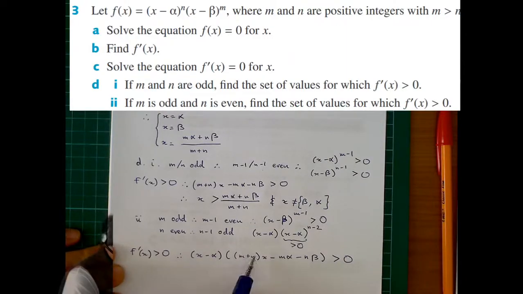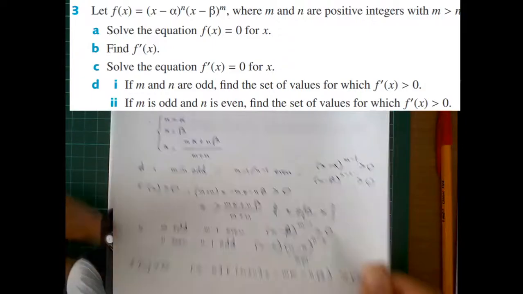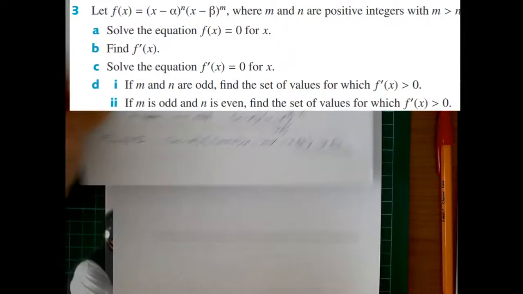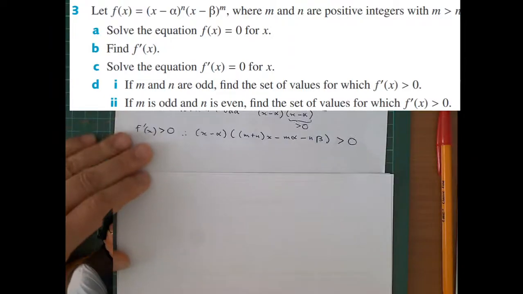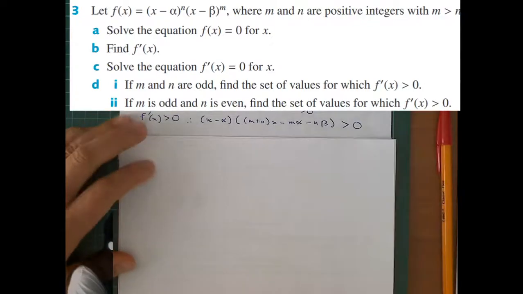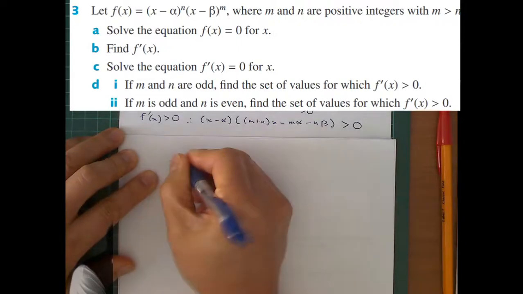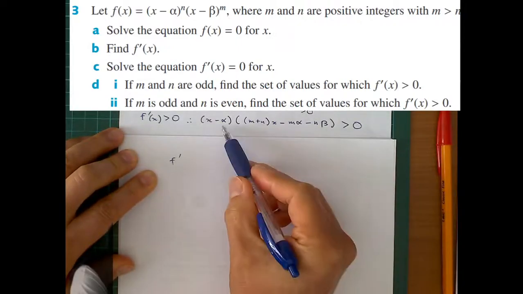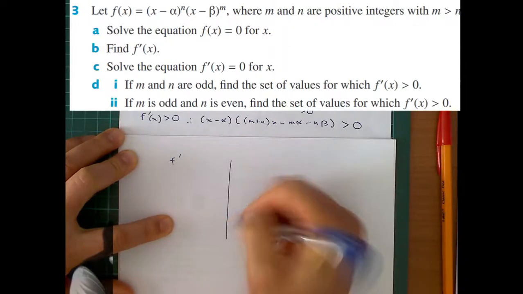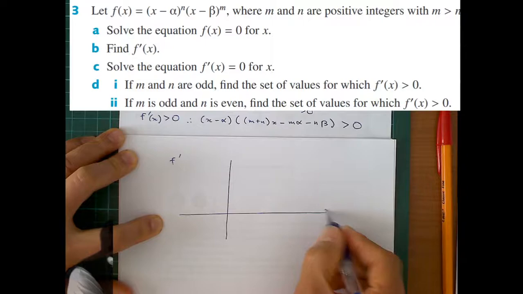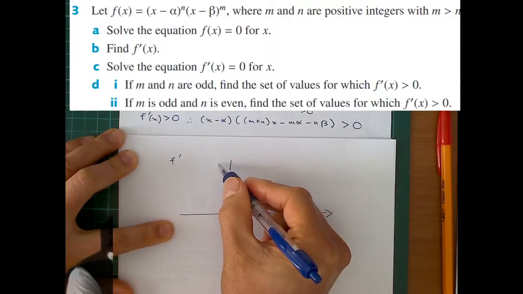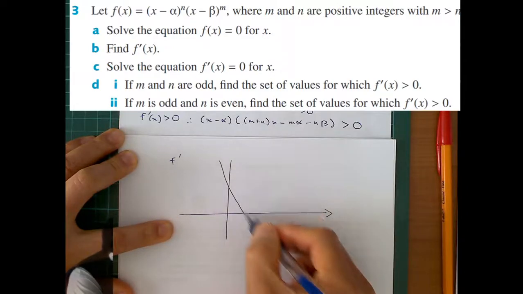It's a normal quadratic, and if you graph it, if I draw f prime, now I need to know which one is greater, in terms of the two x-intercepts. I think they're both going to be positive, so it's a normal U-shaped parabola.